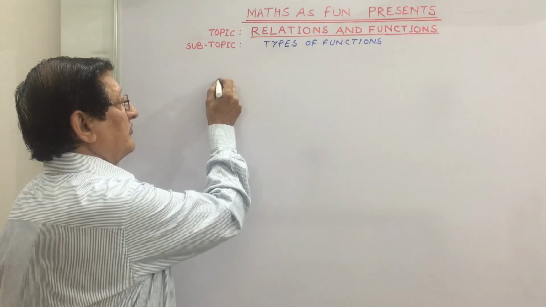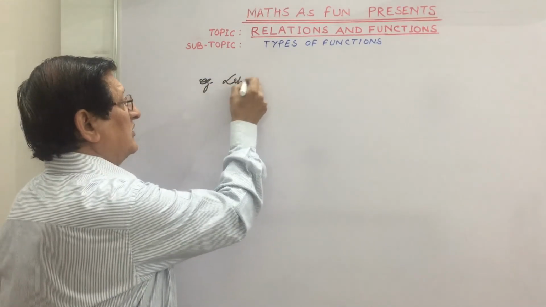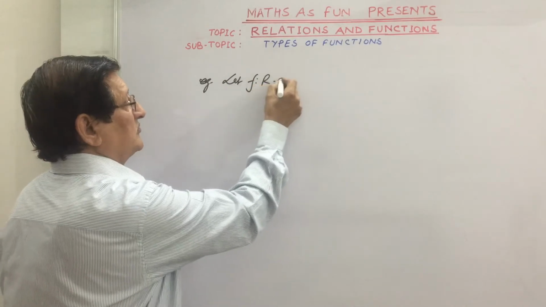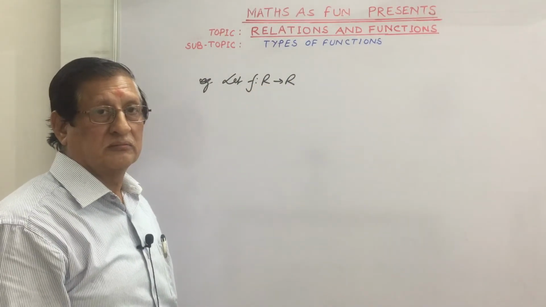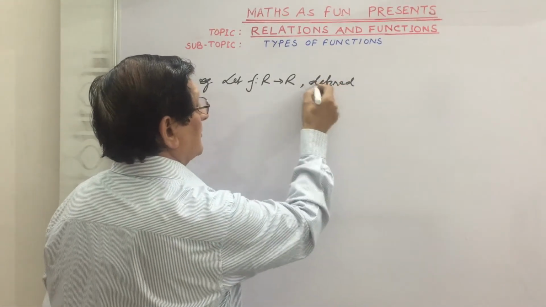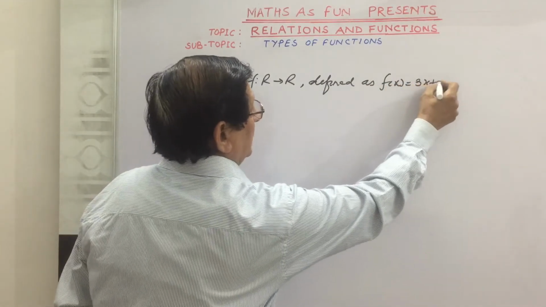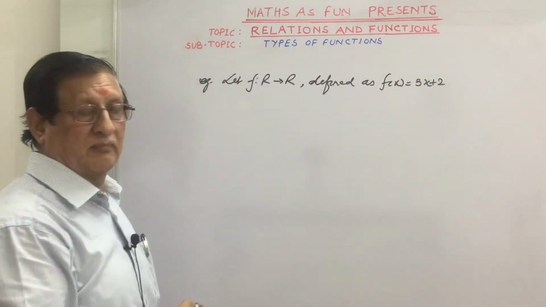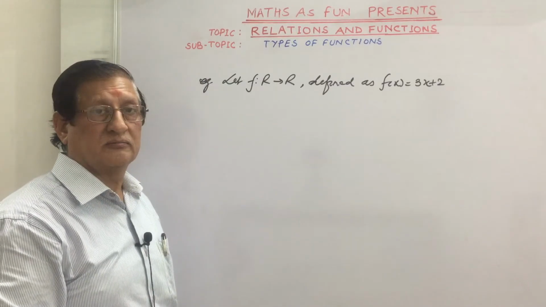Suppose we have been given a function f from the set of real numbers R to R, defined as f(x) = 3x + 2. We have to find whether it is onto or not.